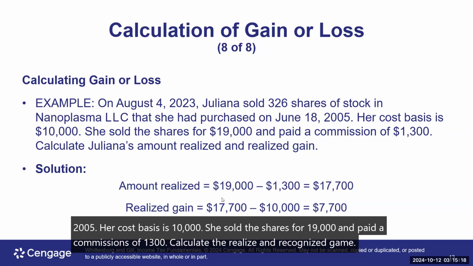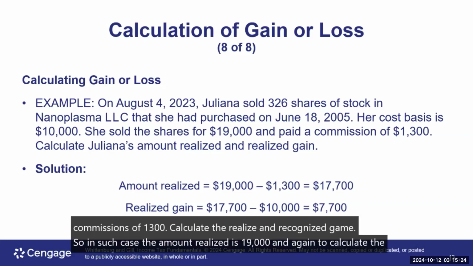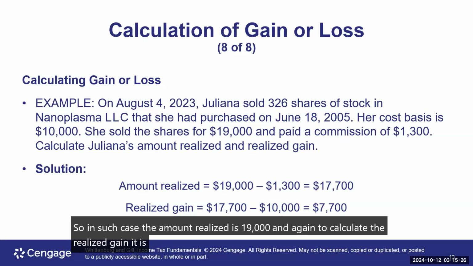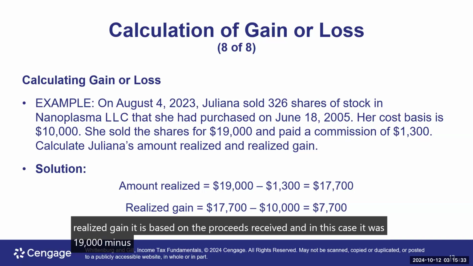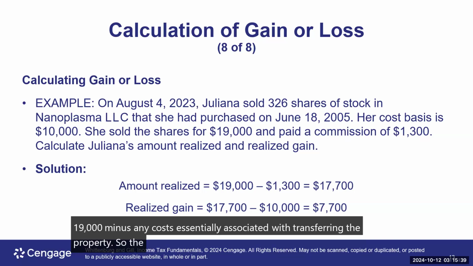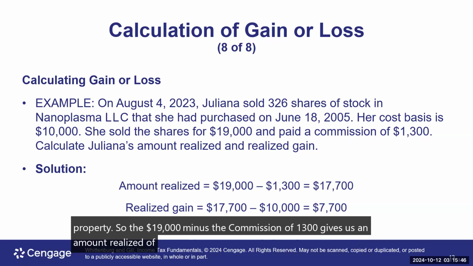So in such case, the amount realized is $19,000. And again, to calculate the realized gain, it is based on the proceeds received, and in this case, it was $19,000 minus any costs essentially associated with transferring the property. So the $19,000 minus the commission of $1,300 gives us an amount realized of $17,700.